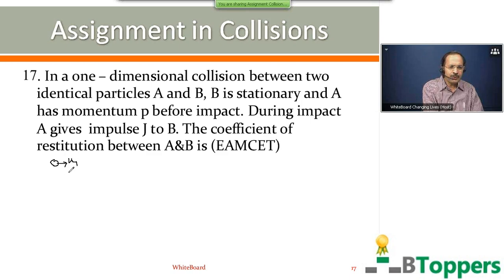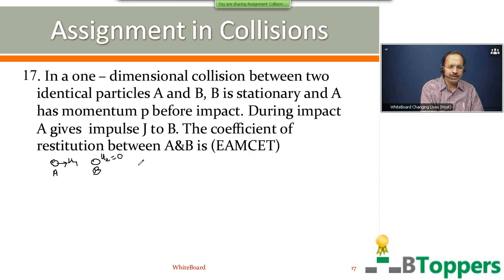Suppose it has initial velocity u1 before collision, and B is the second body, which is initially at rest before the collision.